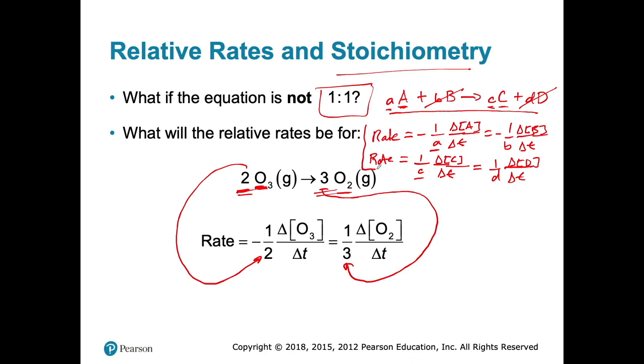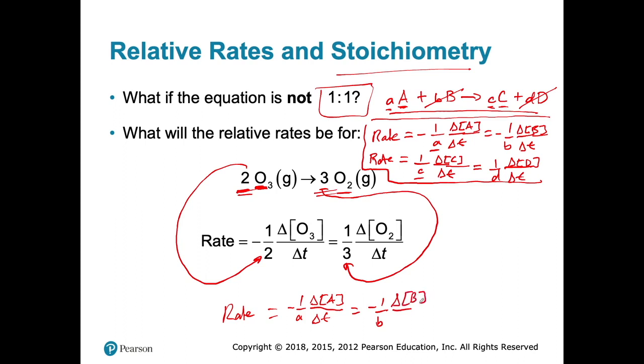These two terms right here can actually be combined into one. I just split them up there because I ran out of room. But you can write it as the rate equals the negative of 1 over little a times the change in the concentration of big A, divided by little t, which is time. And then that equals negative 1 over B times the change in concentration of B over the change in time.